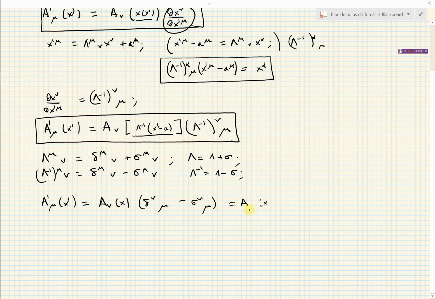Now nu is replaced by mu, and we multiply by delta, minus A nu sigma nu mu. Then this means that the infinitesimal total transformation, which is A prime of x prime minus A of x, is just minus A nu sigma nu mu.